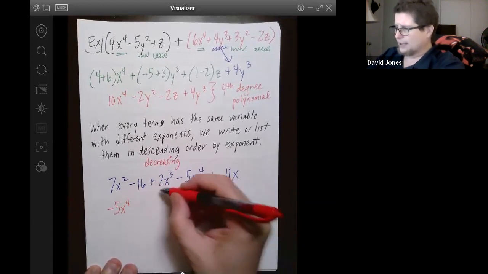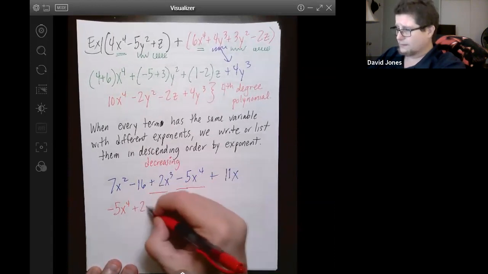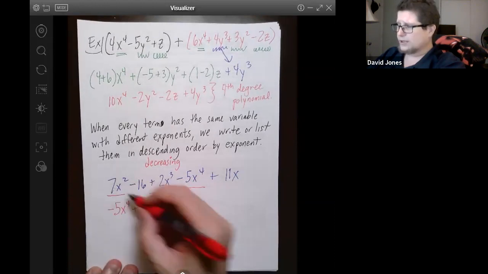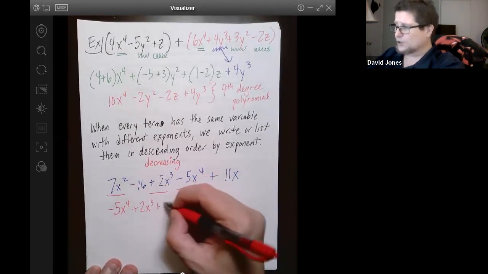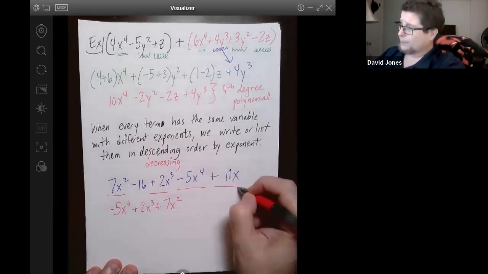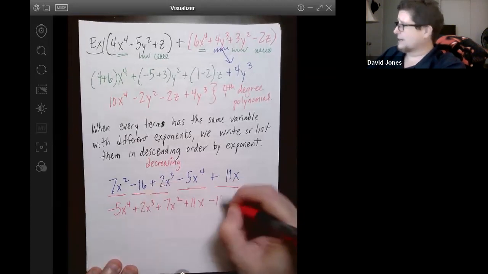The next one is 2x cubed. And then we've got 7x squared. There's no sign in front of it, means positive. We are adding it though, so we're going to say plus 7x squared. And then we've got plus 11x. And finally, minus 16.